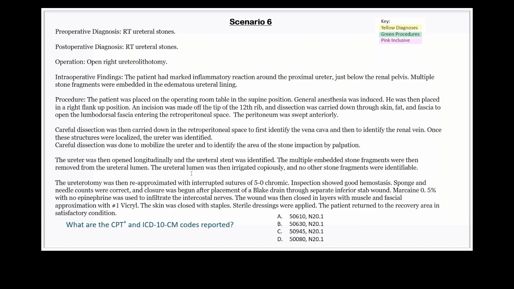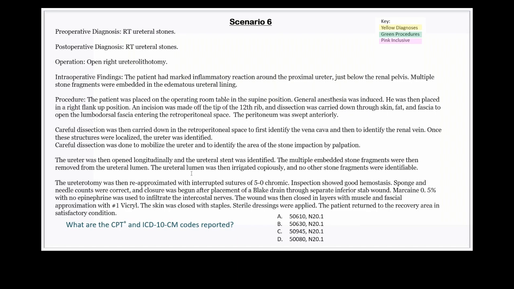The peritoneum was swept anteriorly. Careful dissection was then carried down in the retroperitoneal space to first identify the vena cava and then to identify the renal vein.